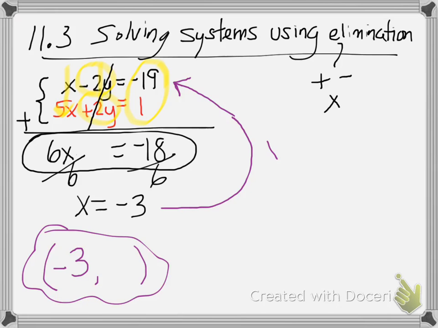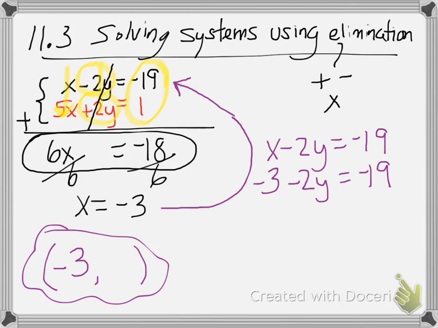So I'm going to take that equation, which was x minus 2y equals negative 19. And instead of the x, I'm going to put a negative 3 in there. And I'm going to solve it. So I'm going to add 3 to both sides. I'm going to bring down the negative 2y. Make sure you bring down that negative with it.